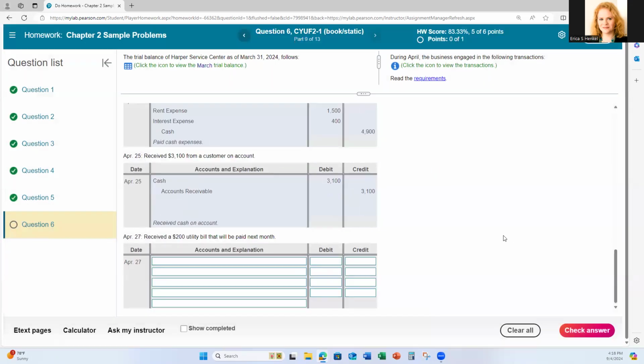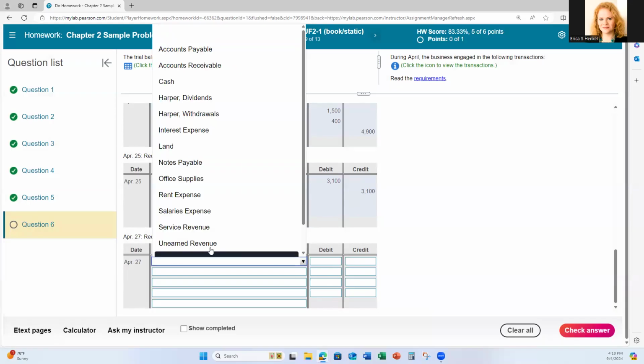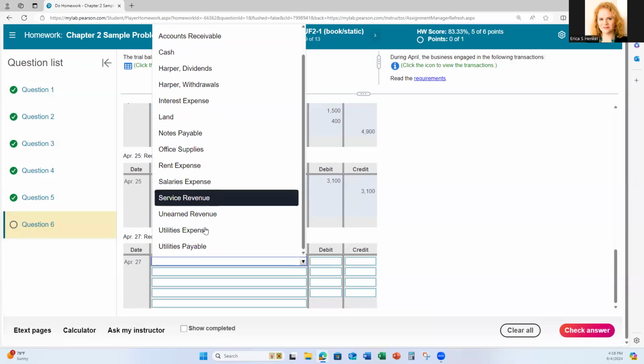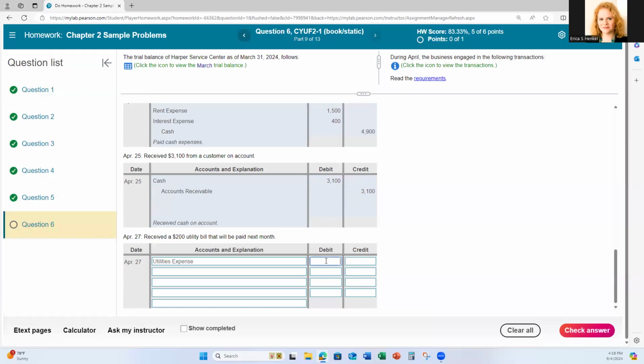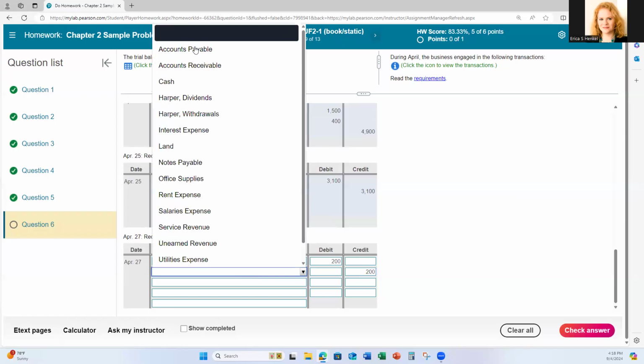All right, receiving a $200 utility bill that will be paid next month. So increasing our utility expenses. And then, since we're not paying it now, we're going to pay it next month, we're going to record that as an account payable.